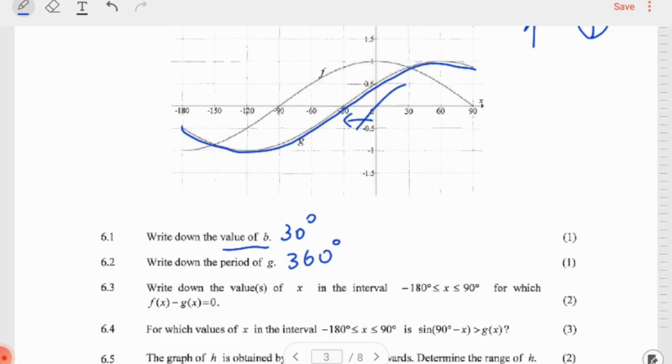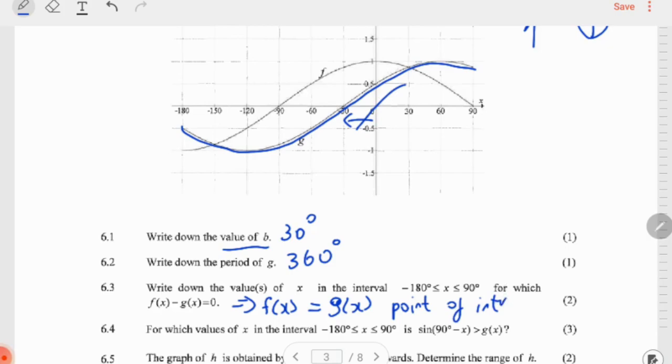So now we need to write down the values of x in the interval 180 to 90, for which f at x minus g at x is equal to 0. So that means where f at x is equal to g at x, if we take g to the right hand side, where are the two graphs equal? That is the point of intersection.